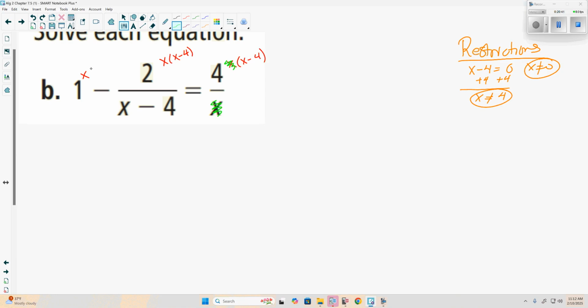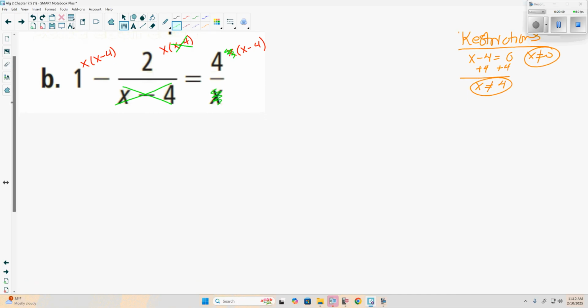But we also need an x minus 4 for the middle term because it shows up once in the middle term. Now what that leaves us with is 1 times x, which is just going to be x, times our x minus 4, minus 2 times x, which is going to be 2x. And lastly, we have 4 times our x minus 4.